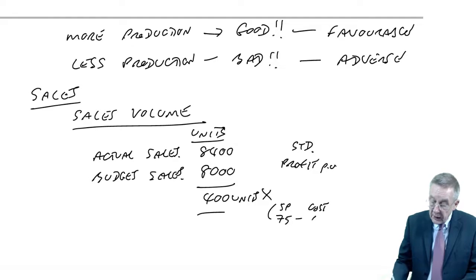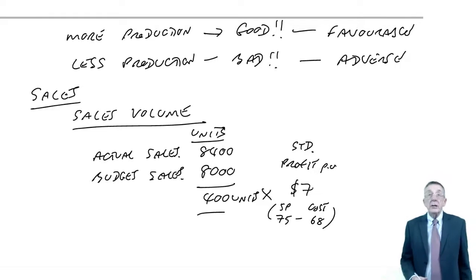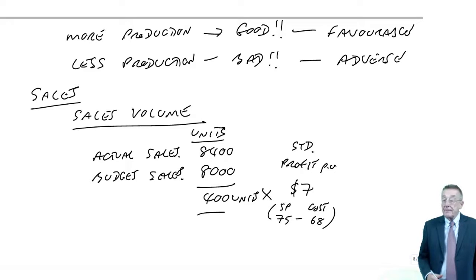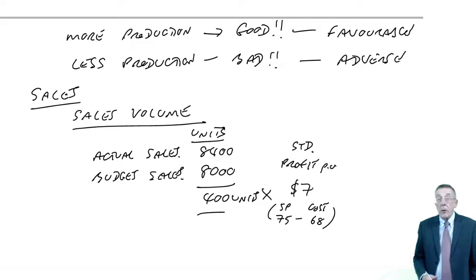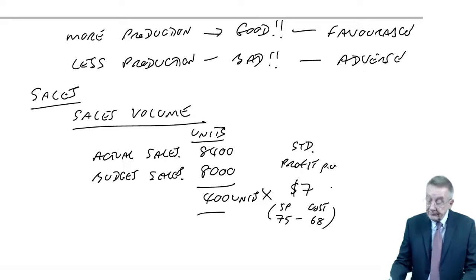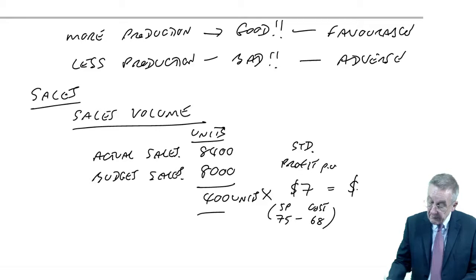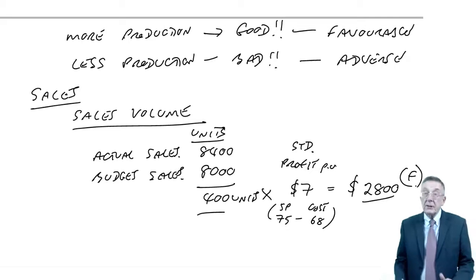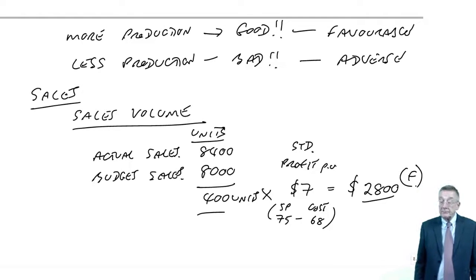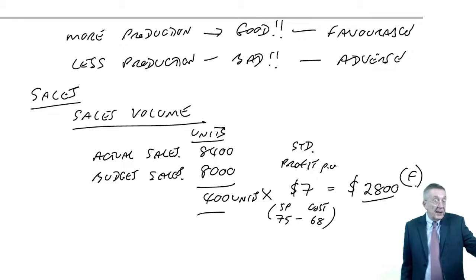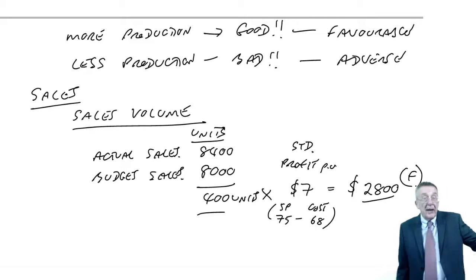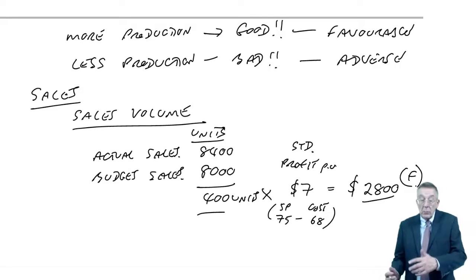The standard total cost is 68. And so every unit should be making $7 profit. And therefore, 400 extra units on its own would have given us 2,800 extra profit. It'd be favourable. I say we already knew that, but again, since you wouldn't have the flex budget in front of you here, make sure you can work it out straight away.